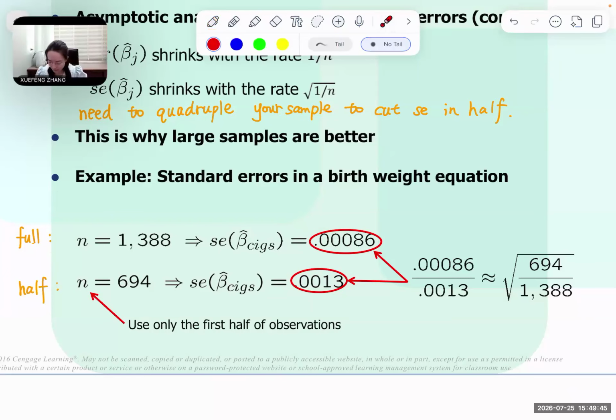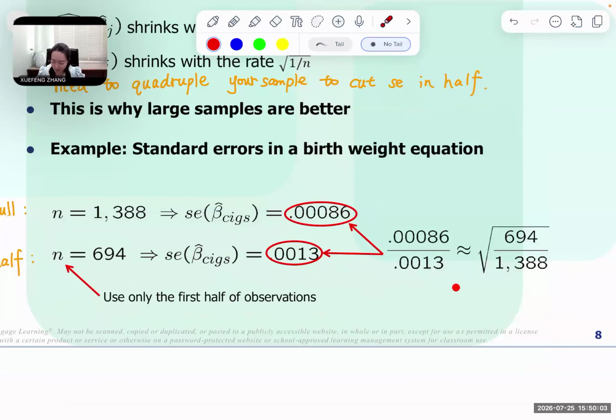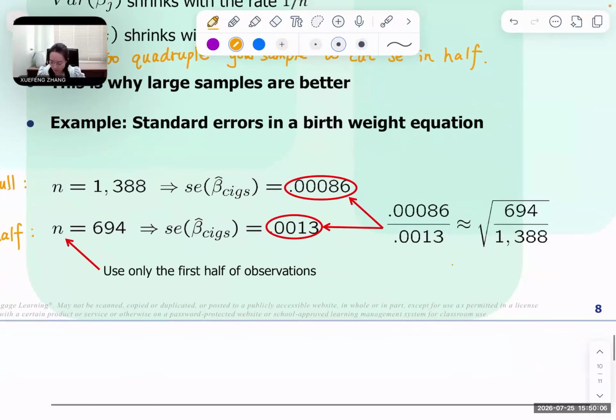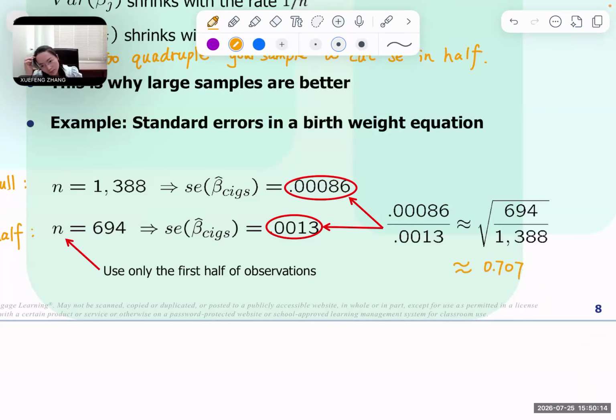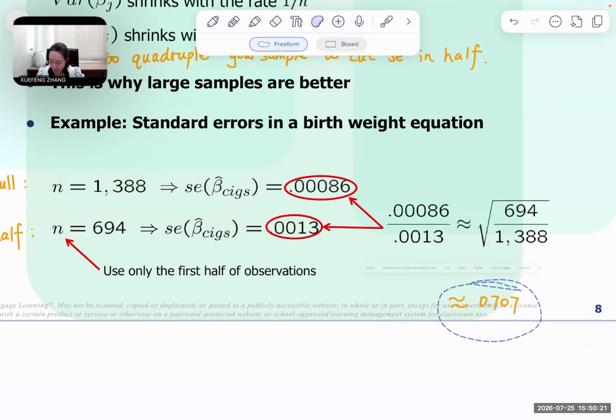Let's check the rate. We take the SE from the full sample divided by the SE from the half sample. What do we get? This is approximately 0.707. I need to write down one more step for you.